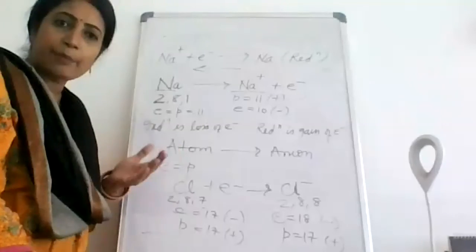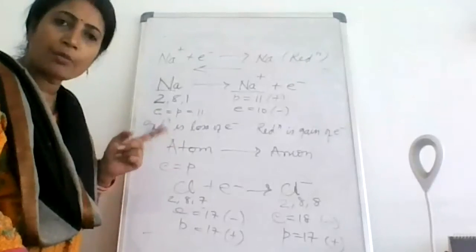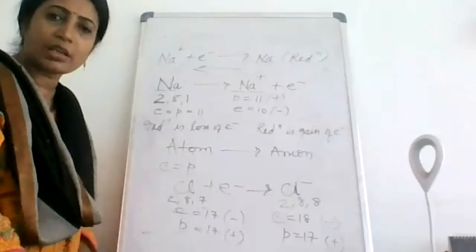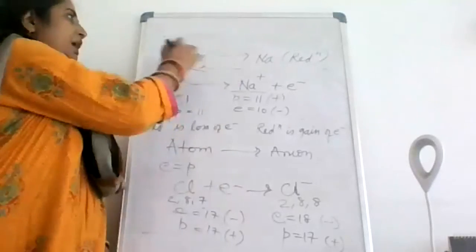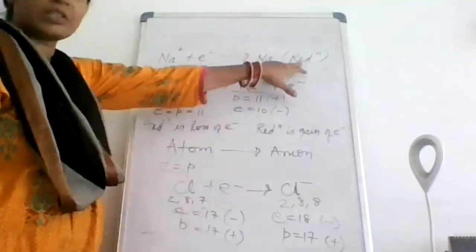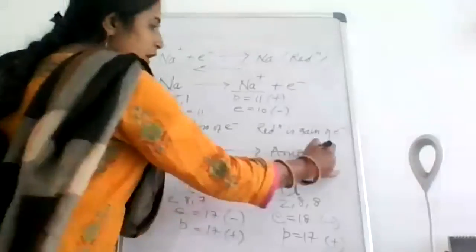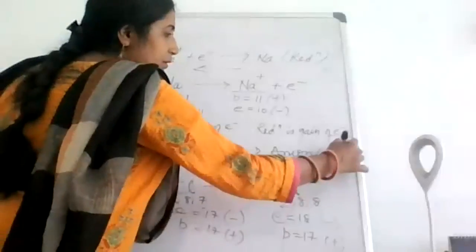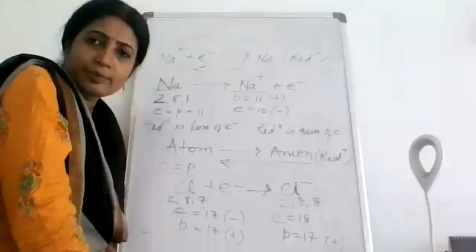When atom forms cation, oxidation process takes place. When cation forms atom, then reduction process takes place. When atom forms anion, reduction process takes place. When anion will form atom, then which process will take place? Tell me.